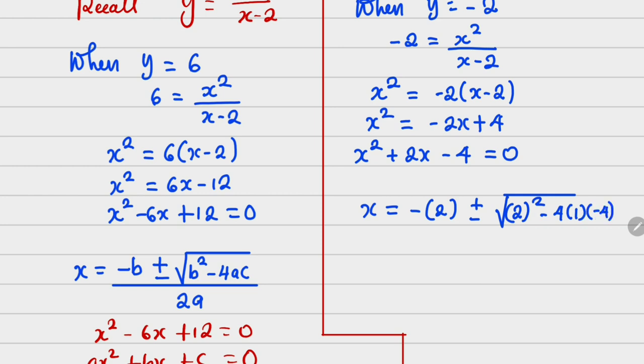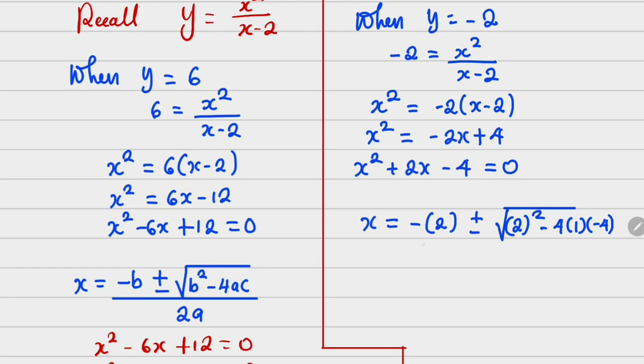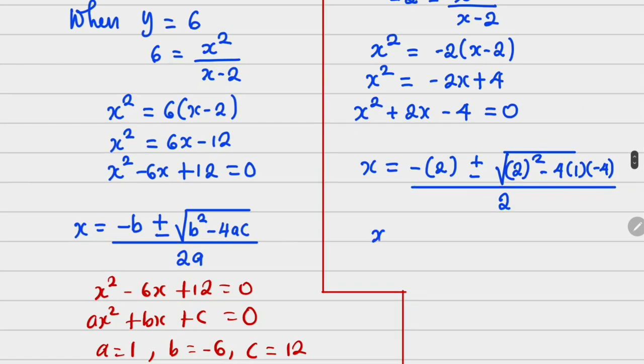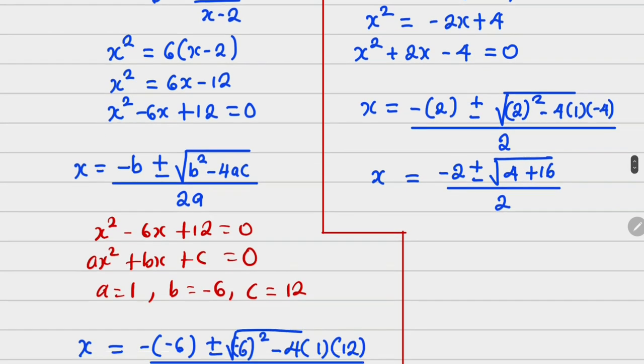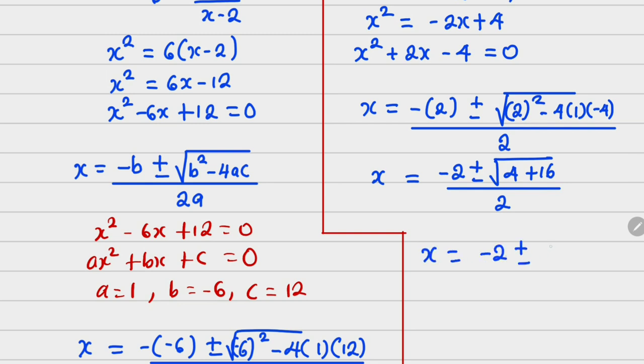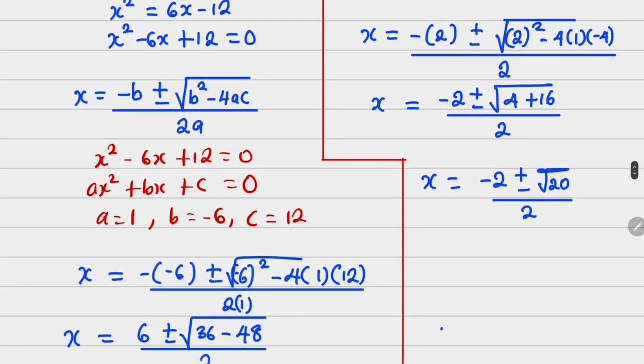So this is what we have, all over 2. Now we have x will be equal to minus 2 plus or minus root of 4 plus 16, all over 2. So we have x is equal to minus 2 plus or minus root of 20, all over 2.